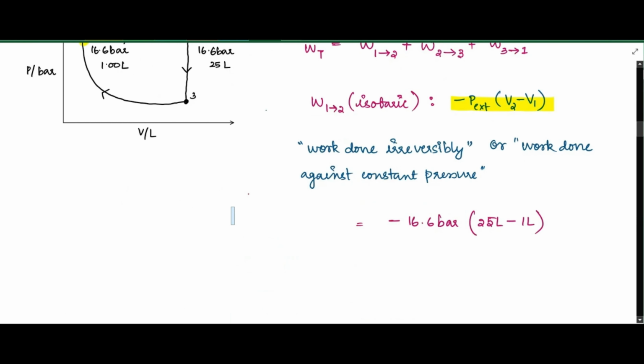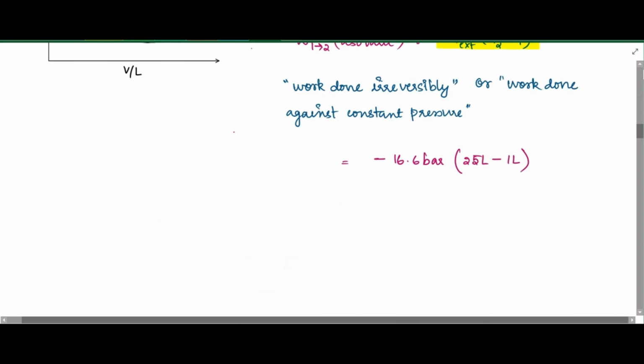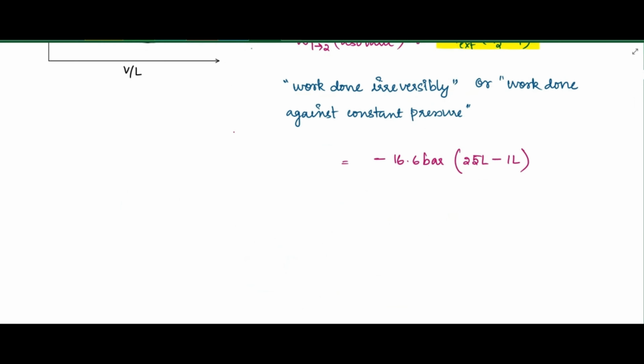So here, minus 16.6 into, 1 bar is 10 to the power 5 Pascal, and 24 liters converted, 1 liter is 10 to the power minus 3 meter cube. You should know this. 1 bar is equal to 10 to the power 5 pascals and 1 liter is equal to 10 to the power minus 3 meter cube. Then you will get the final answer in joules.